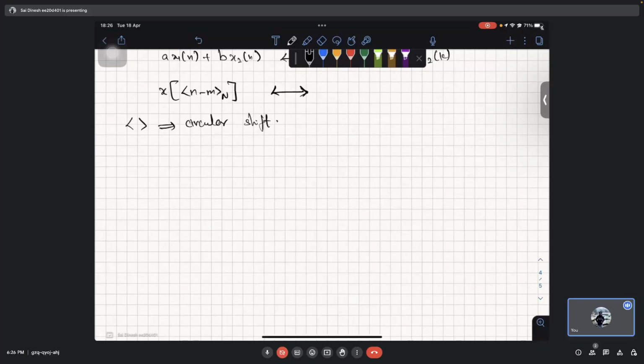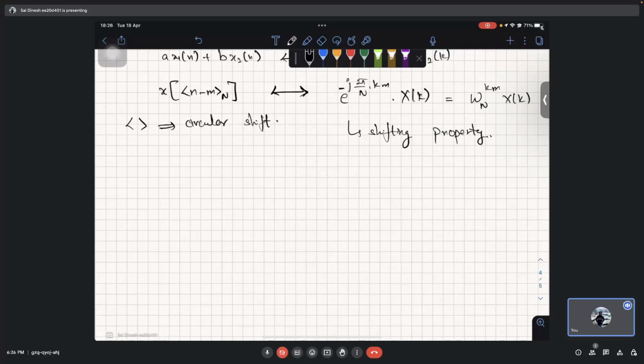So if we circularly shift the signal by m, this will become e power minus j 2 pi by N km times X of k, or W_N power km into X of k. So this is the shifting property.